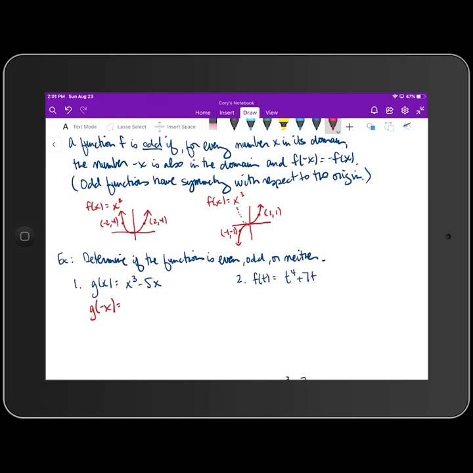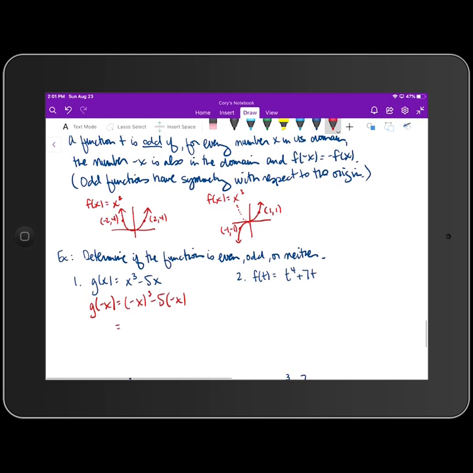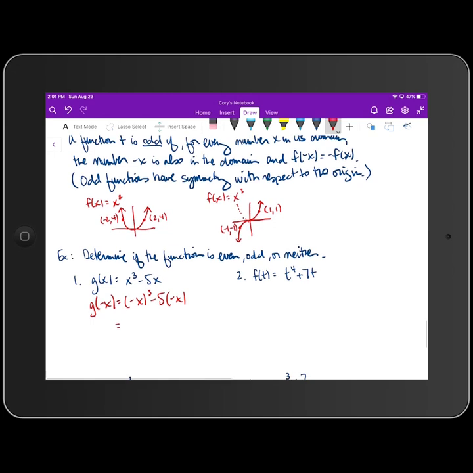So when I plug negative x in the place of x in my function, g of negative x gives me this: negative x to the power of 3 minus 5 times negative x. So negative x raised to the third power becomes negative x cubed, and negative 5 times negative x becomes 5x.